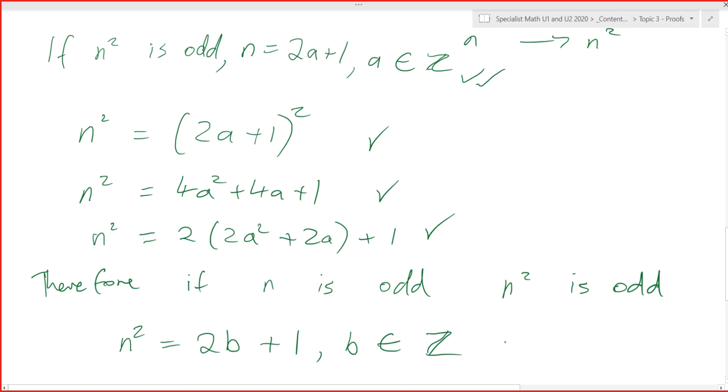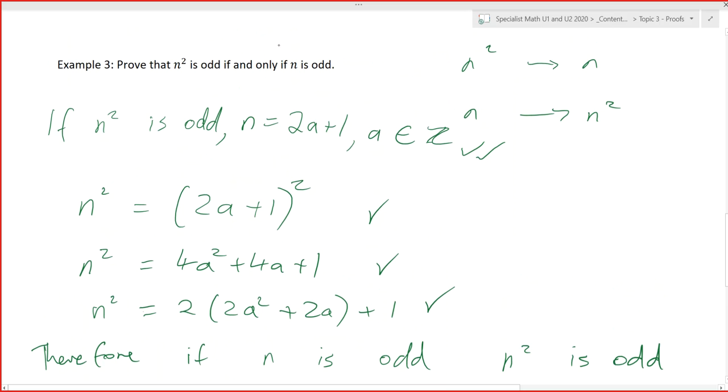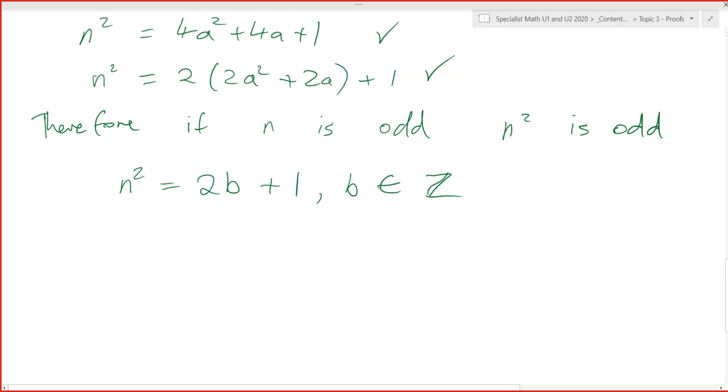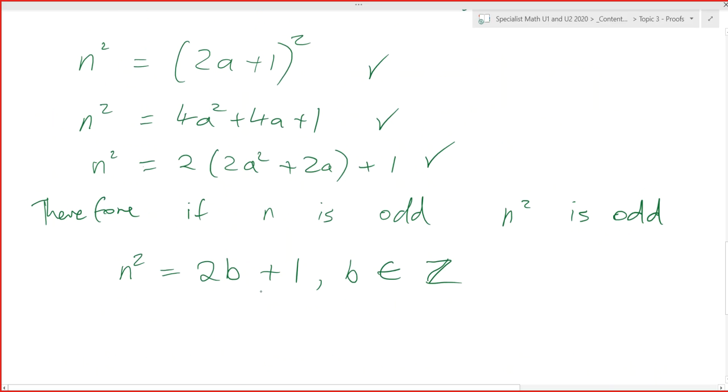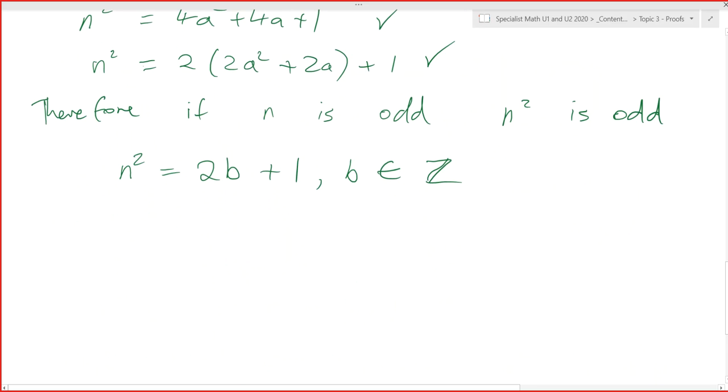So there's 2 parts to this proof, and it's all because of the if and only if. If and only if means it has to work both ways. So second part of the proof, now we're showing n squared is odd. Now we need to somehow show that n is odd from this n squared odd, right?